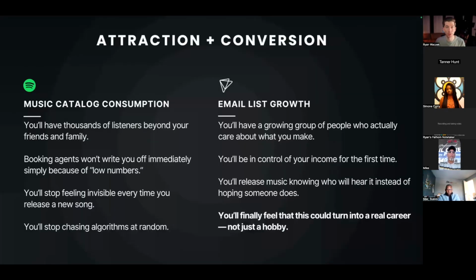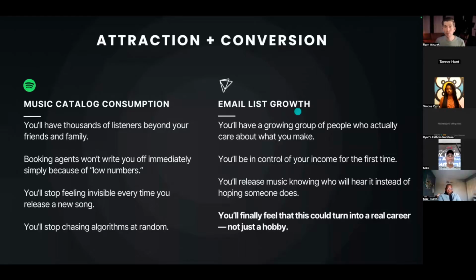And so this is the two step system laid out, right? Two campaigns, one that focuses on attraction and one that focuses on conversion, right? So if you have your attraction campaign set up, they're going to consume your music catalog. And if you have your conversion campaign set up, they're going to subscribe and your email list will grow so that you can nurture an audience and you can sell things to them.